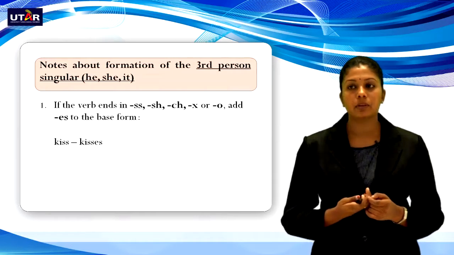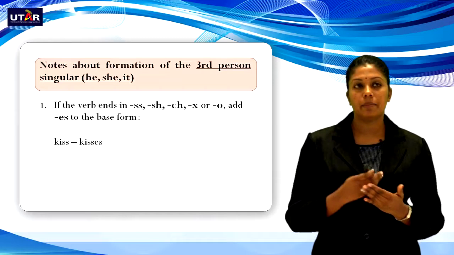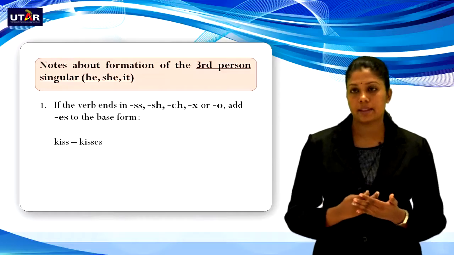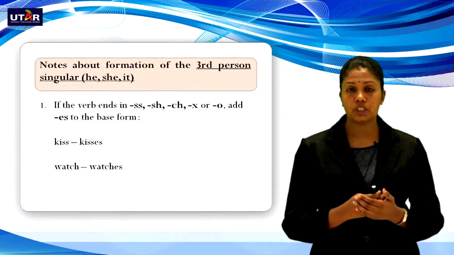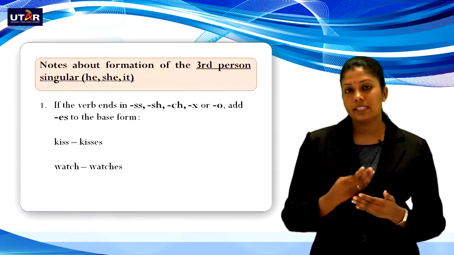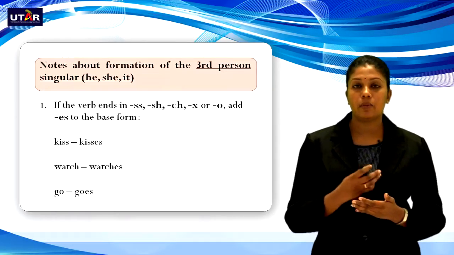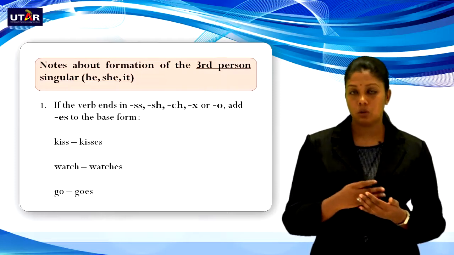For example, kiss, K-I-S-S becomes kisses, K-I-S-S-E-S. Then we have watch, that ends with CH. So you add ES to it, WATCHES, watches. And then we have go, you add ES, it becomes goes.